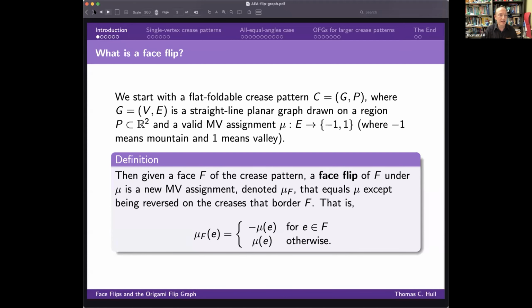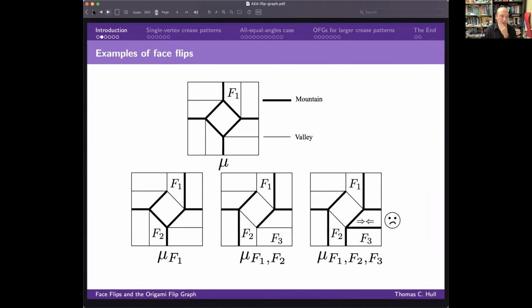Okay, so we should look at some examples. Here is the classic square twist crease pattern, with the bold lines being mountains and the lighter lines being valleys. Here's a face F1, and I could flip that face, and I do that in this picture down here. All the mountains and valleys have been flipped about F1, and that turns out to be a good crease pattern.